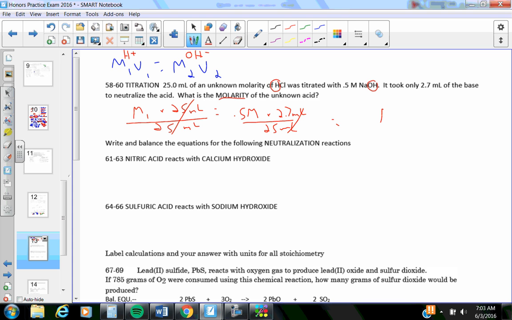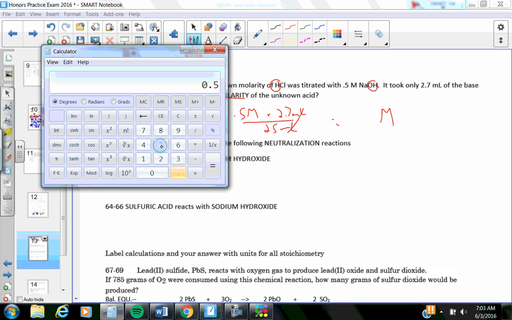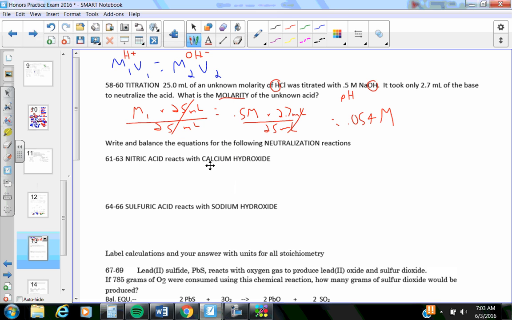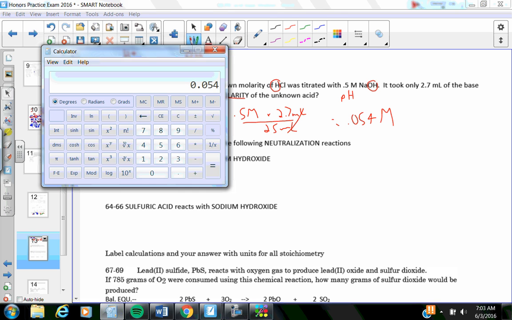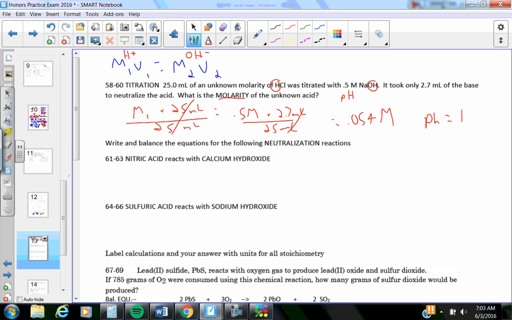My answer is going to be in molarity. 0.5 times 2.7 divided by 25 equals 0.054 molarity. Probably the thing should say, what is the pH? I'd simply hit the log button, ignore the negative sign, pH equals 1.26.